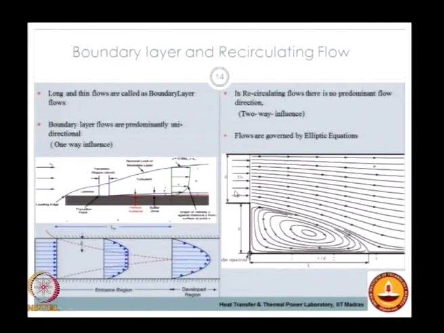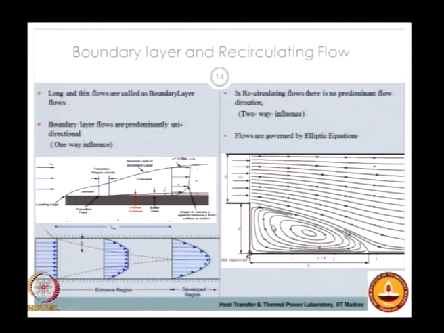Now if you look at flows with adverse pressure gradients, or where you have sharp corners like the figure right here, you can have flow which cannot flow across the sharp corners and therefore has to separate, and there is a recirculating bubble here. So in the case of recirculating flows, you cannot say that the flow in the recirculation is dependent on the flow upstream, and therefore there is no predominant flow direction here. However, there is a two-way influence.